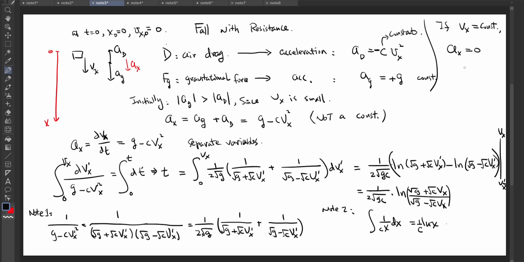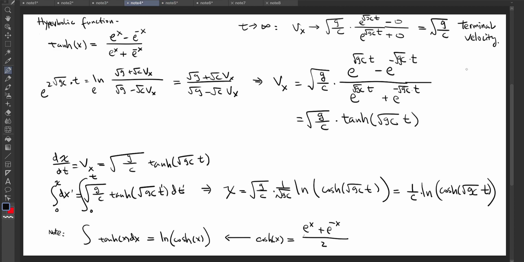And total acceleration comes from the summation of these 2, right? So that means that g minus c Vx squared equals 0. So we can solve for Vx, which is square root of g over c. Okay, so that's called again terminal velocity. That's exactly the same as we discovered here.